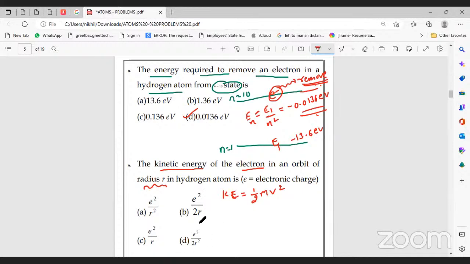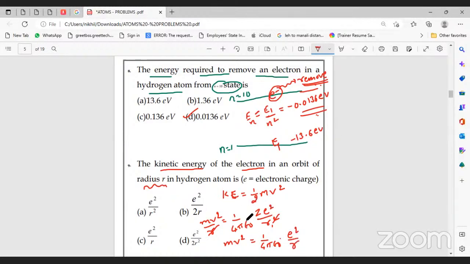Now, from the centripetal force concept, from Bohr's postulate, you know that mv squared by r is equal to 1 by 4 pi epsilon naught into Ze squared by r squared. One r you can cancel out. So mv squared will be equal to 1 by 4 pi epsilon naught into e squared by r.